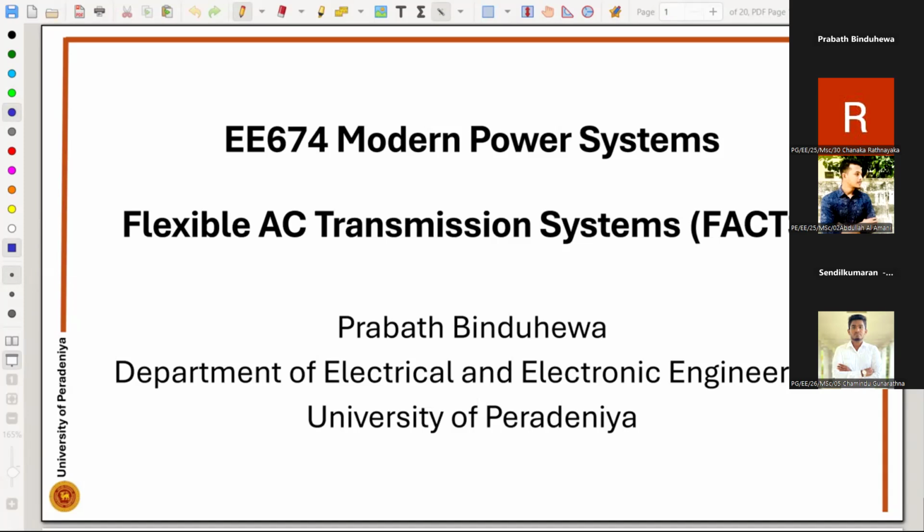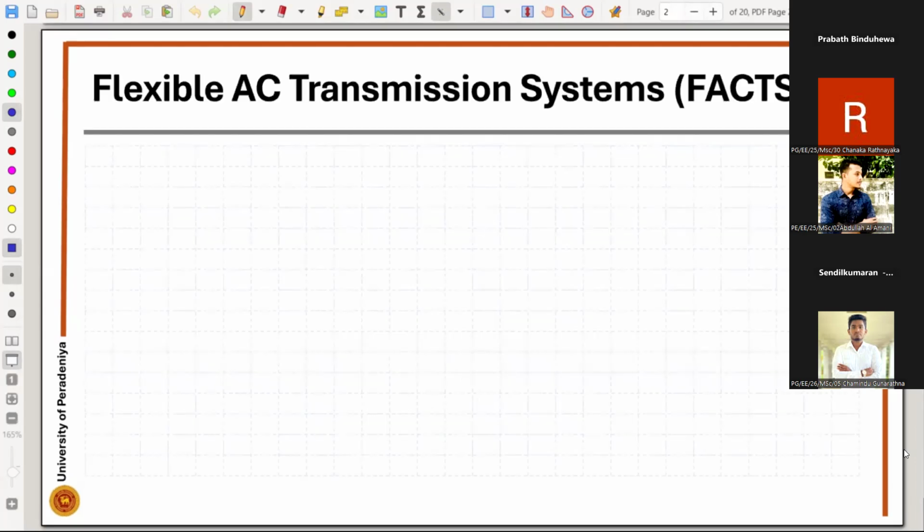So we are going to discuss the flexible AC transmission systems, or FACTS devices, under the EE 674 Modern Power Systems course. Okay, so we will start with some kind of a background and why we need to look at this, some kind of an introduction.